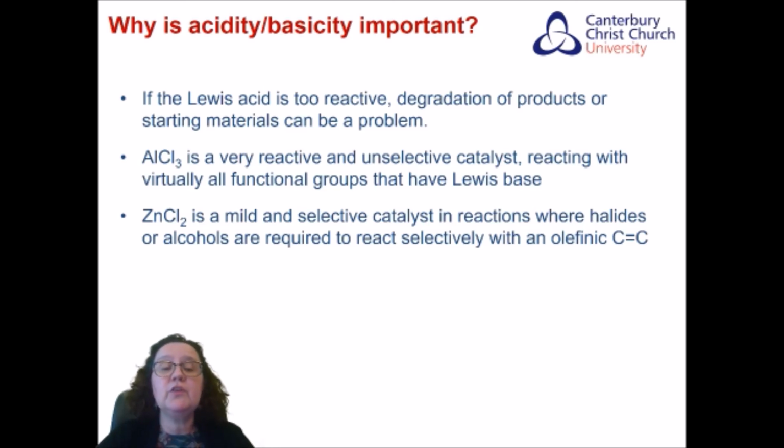It will react with almost any Lewis base that you can think of. While zinc chloride is a less strong Lewis acid, so it can selectively participate in reactions where you have halides and alcohols and also olefinic carbons, rather than react indiscriminately with all the functional groups present in the molecule.